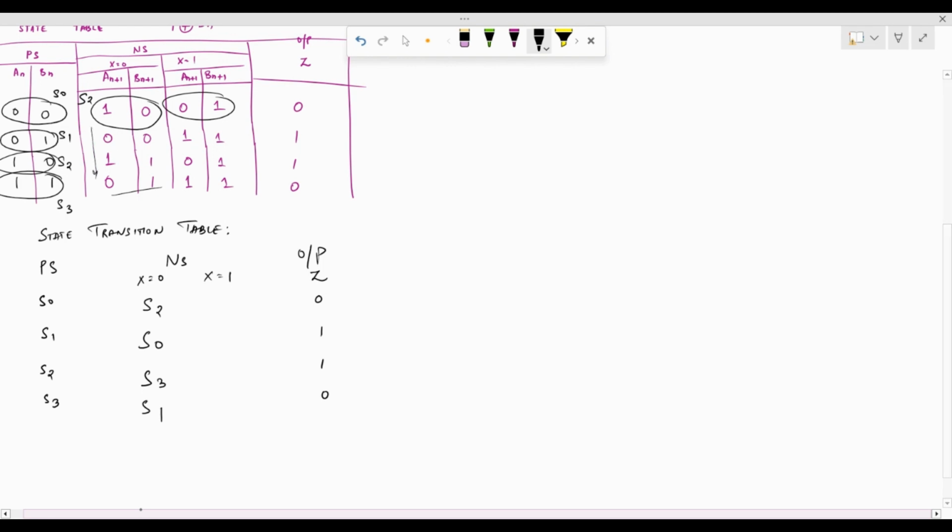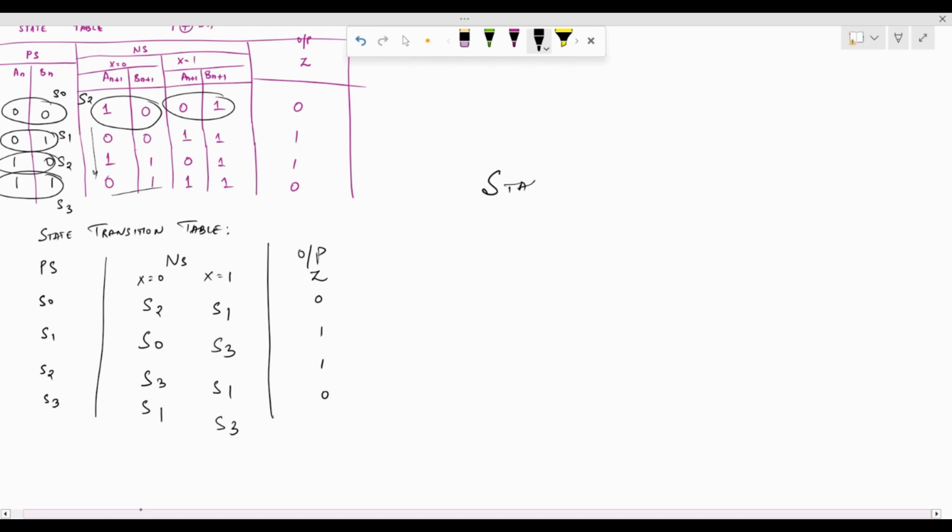For x is equal to 1, 0, 1 is nothing but S1, 1, 1 is nothing but S3, 0, 1 again is S1, and 1, 1 is again S3. So in this manner, we've obtained the next state values, the next state and the present state in terms of the state variables. So this on a whole is called the state transition table.